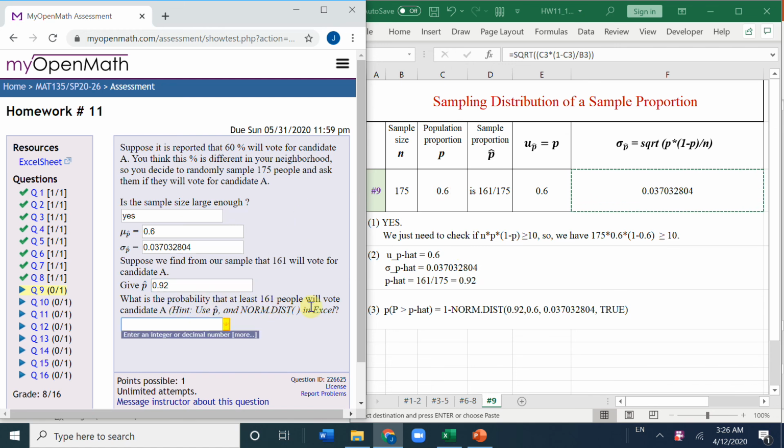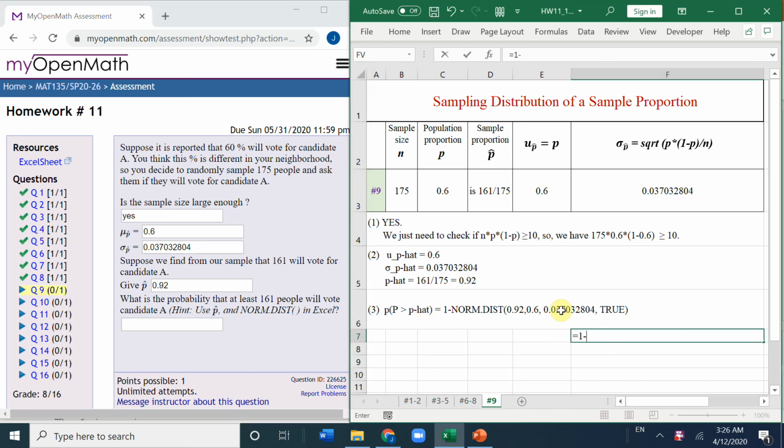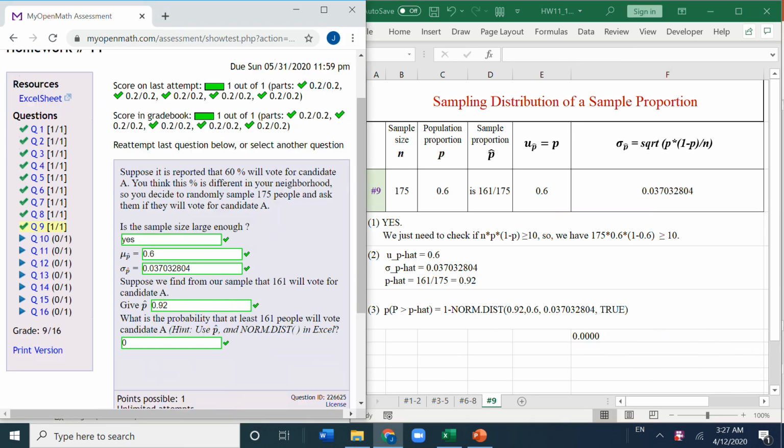What's the probability of at least 161? So that means p hat is 0.92. So greater than 0.92 equals 1 minus norm distribution, 0.92, 0.6, sigma p hat, and true. So we get all the answers.